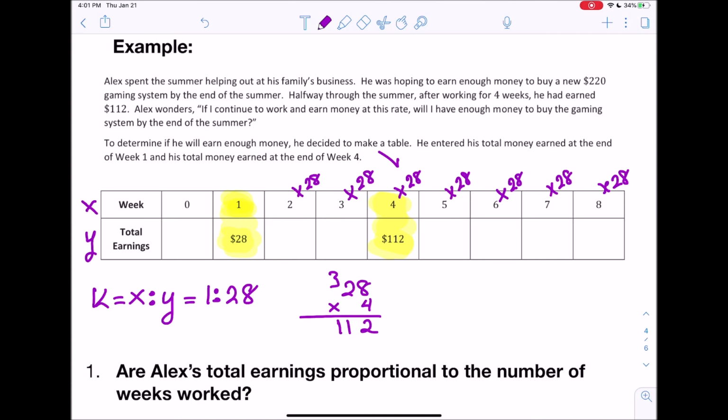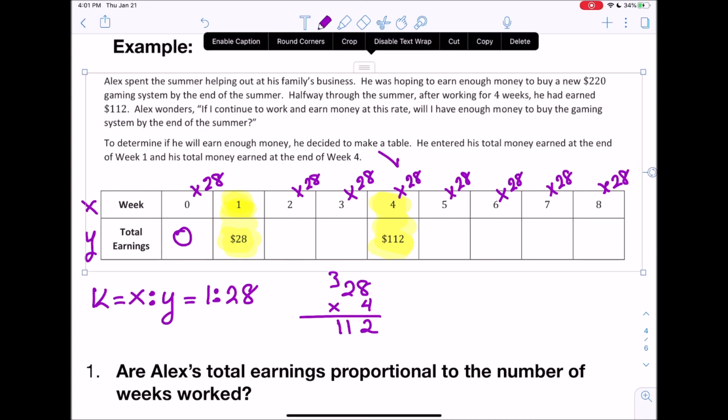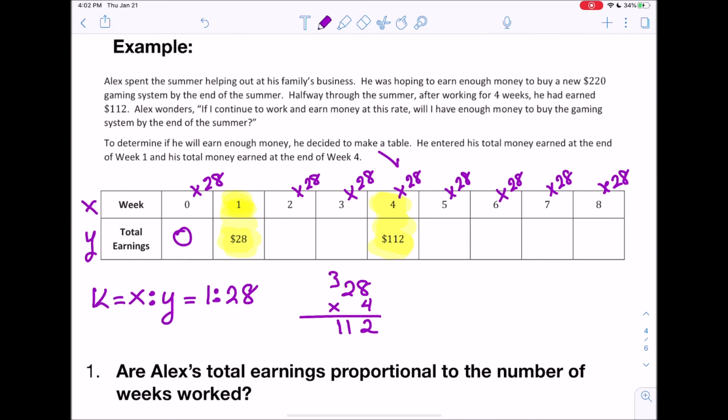So we can go in and fill the data. 0 times 28, well, 0 times anything is 0, and that makes sense. If you don't work, you're not going to get paid, right? So for 0 work, you get 0 money. For 1 week, he gets 28. The second week should be 2 times 28, which is 56. For 3 weeks, it should be 3 times 28, which is 84.